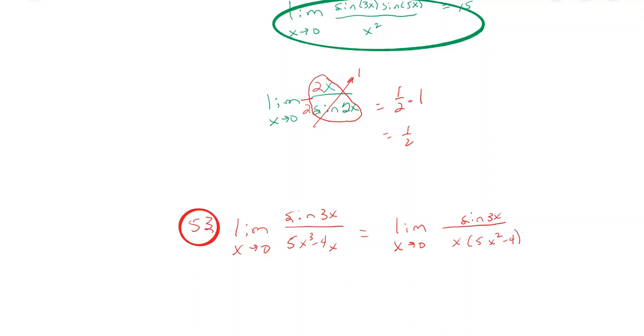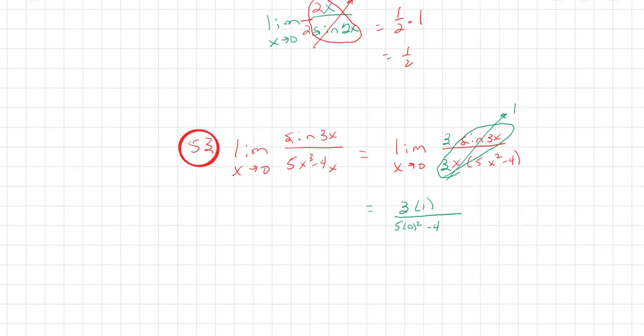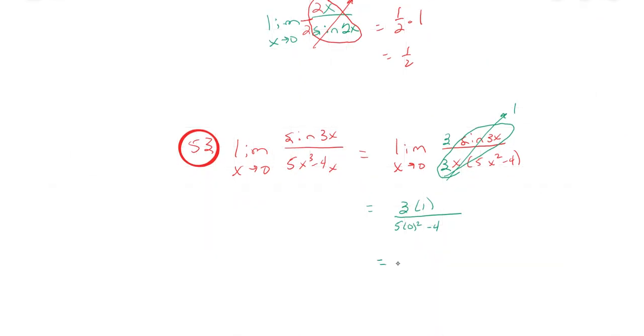And what I would need is a 3 down here. So multiply this by 3 to get a match and multiply the top by 3 so it's a version of 1. And then this is going to go to 1, correct? So you would have 3 times 1 over 5 times 0 squared minus 4. So this would turn out to be negative 3/4.